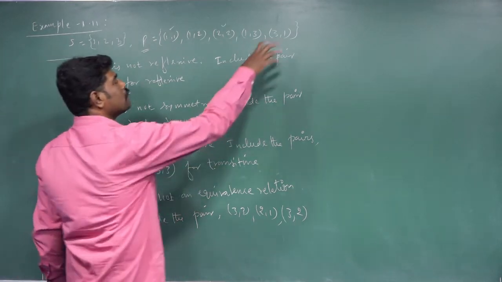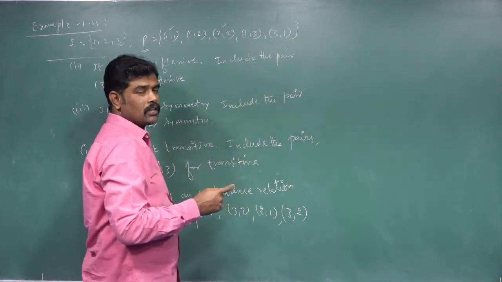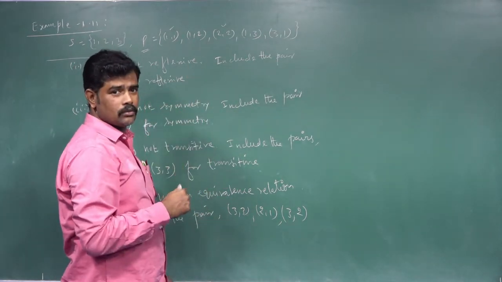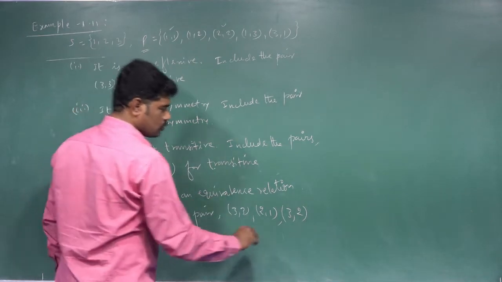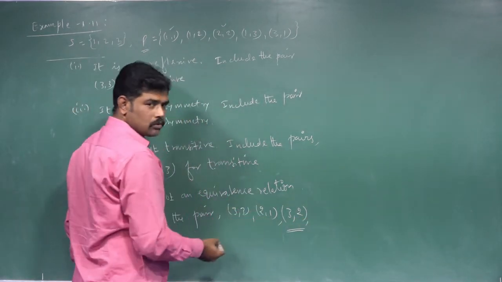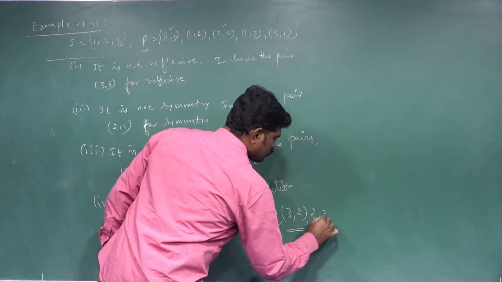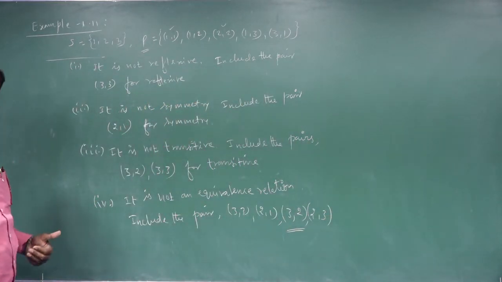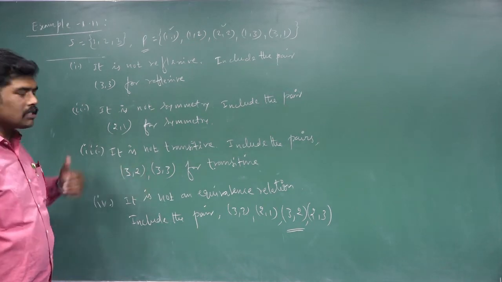But if (3, 2) is here, then its symmetric pair (2, 3) should also be there. So we should add that too.